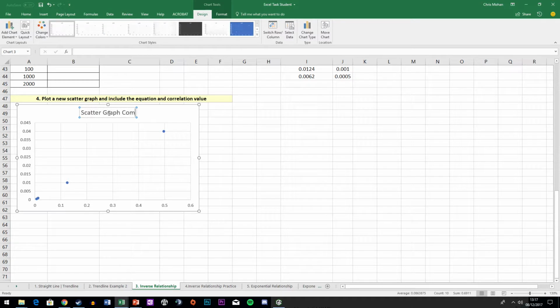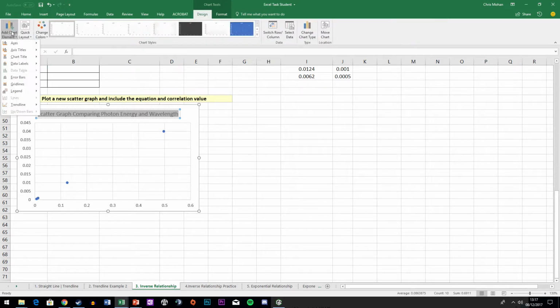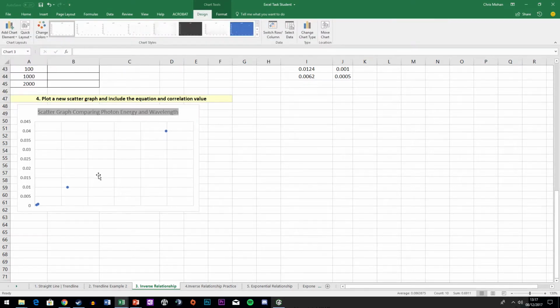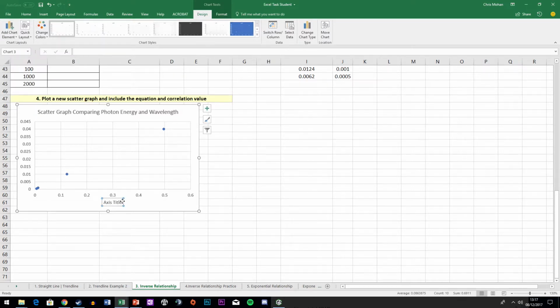Scatter graph comparing photon energy and wavelength. I can spell, I just can't type as it turns out. Okay, and I can put my labels on. So my axis title for this one is now not photon energy, but 1 over photon energy.